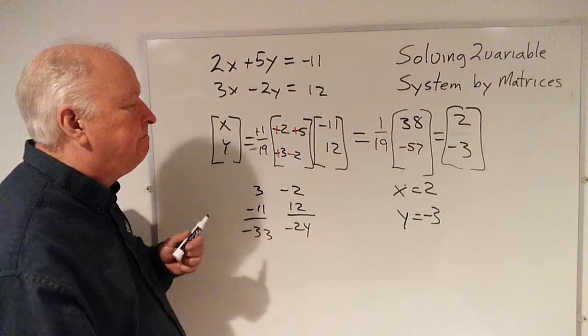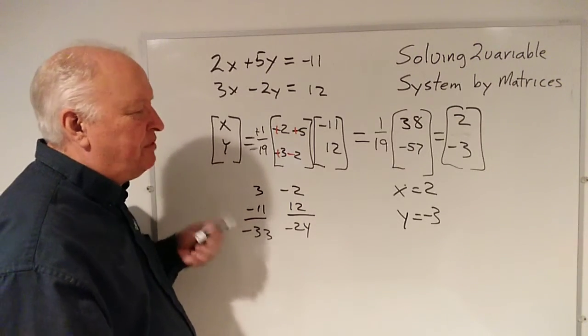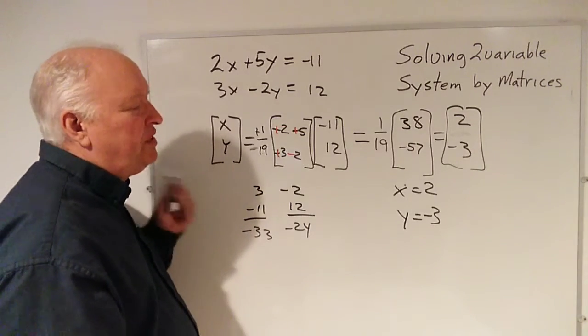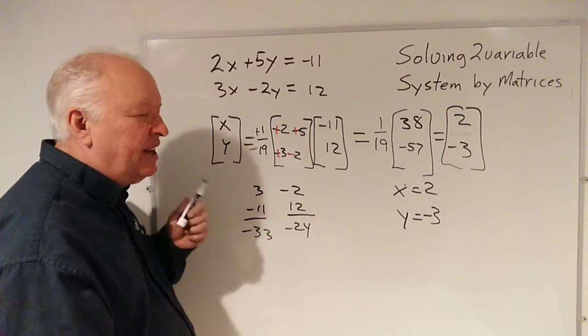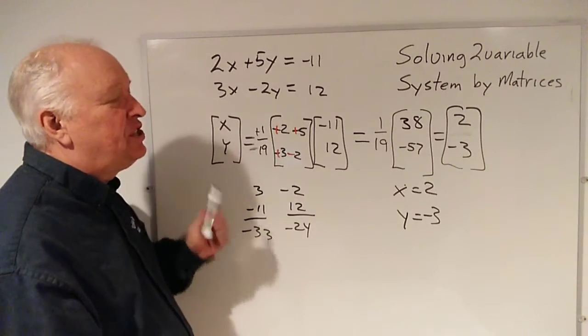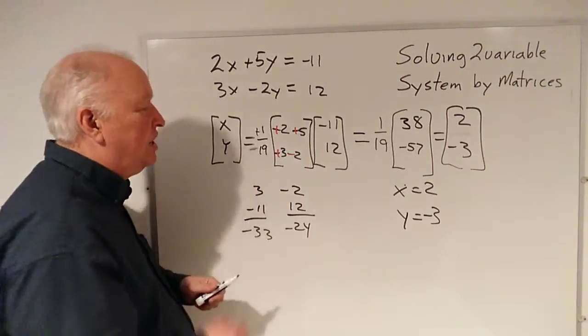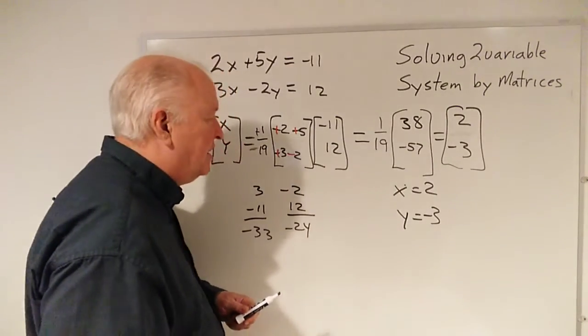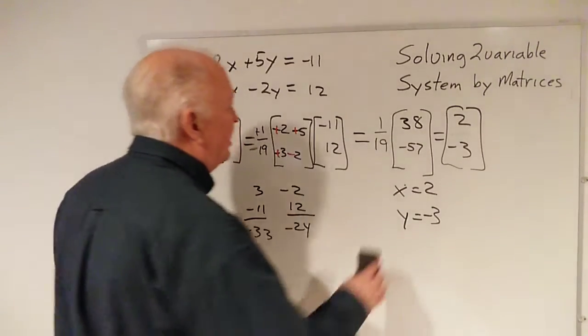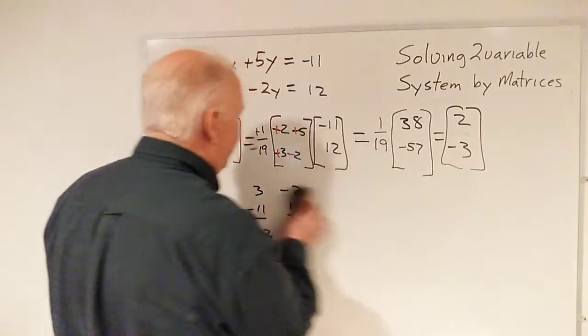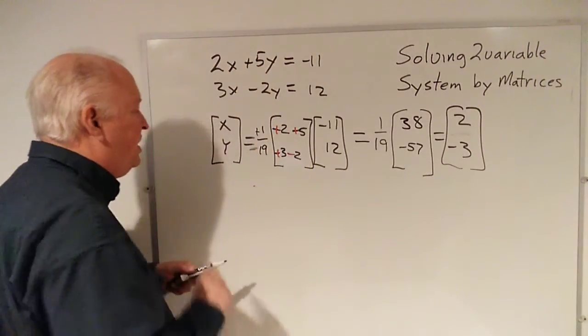Now, I want to make some observations. Once we've done 2 by 2 and you have a calculator, any system of equations, no matter how large, can be done by following the pattern we have in the matrices.